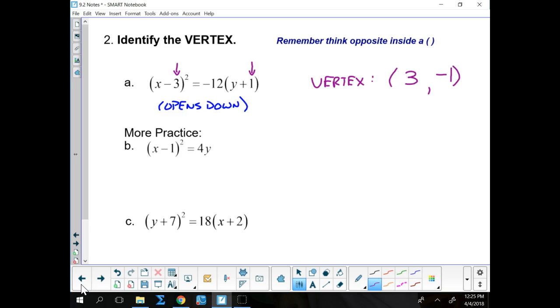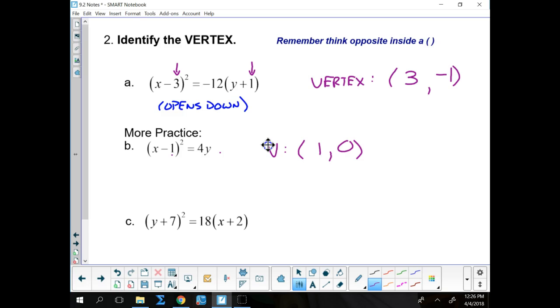Okay? Vertex. Where is the vertex? What you got, Jake? 1, 0? Do we agree with 1, 0? Yeah. Think oppositely of the x, and that's going to be +1. There's nothing attached to the y, so we say 0 for nothing in math.